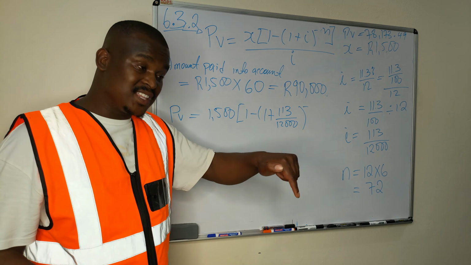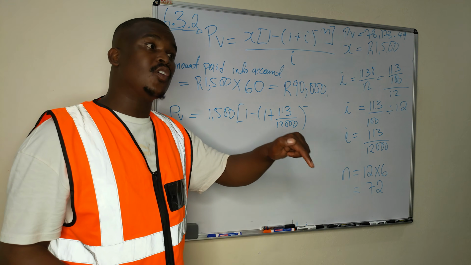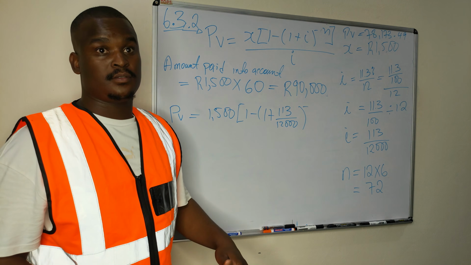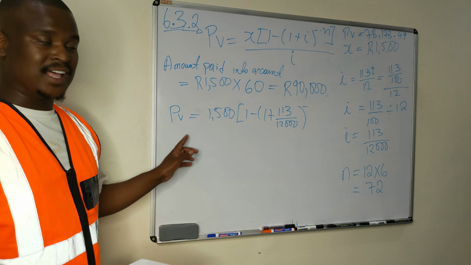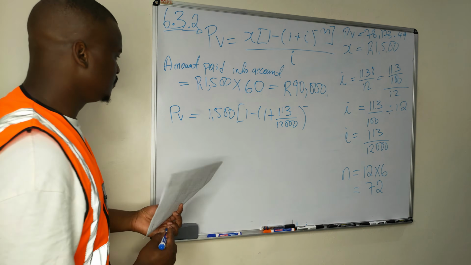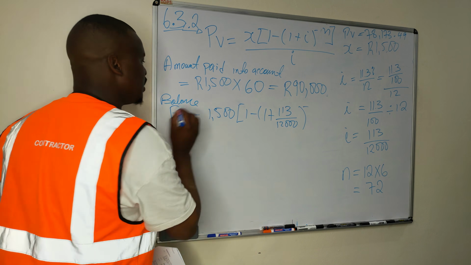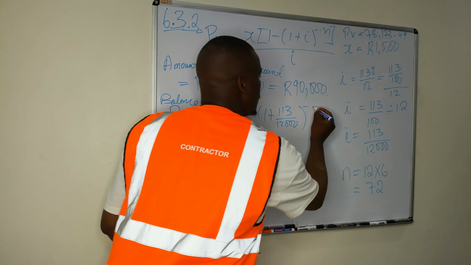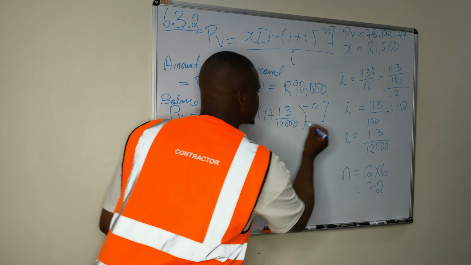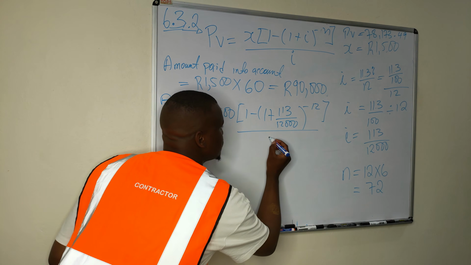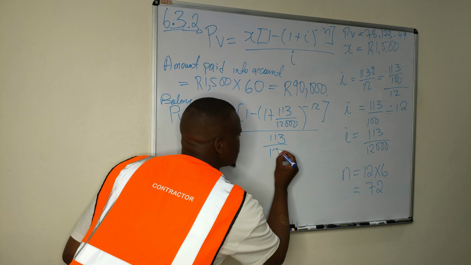So we want to find what is the value of the loan, what is the balance of the loan at that point. So this is the balance of the loan. This is the present value, which is the balance of the loan. So 12 months, all over i, which is 113 over 12,000.